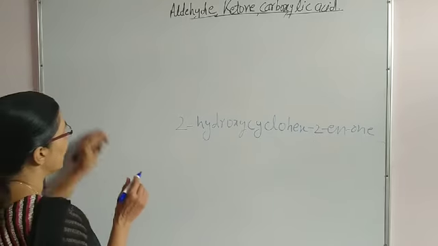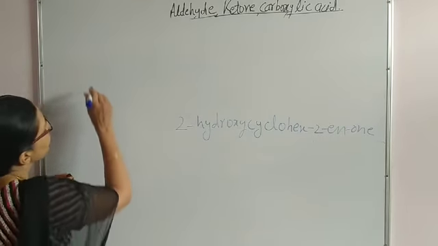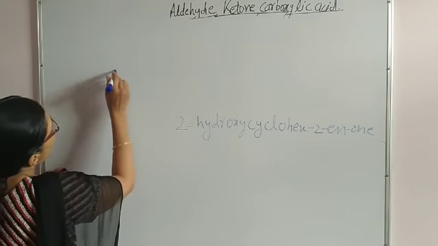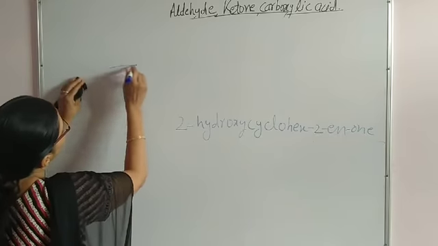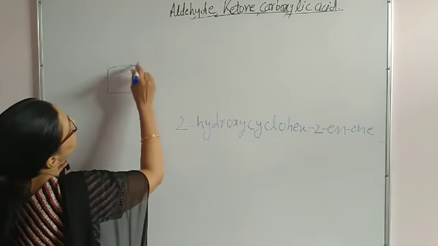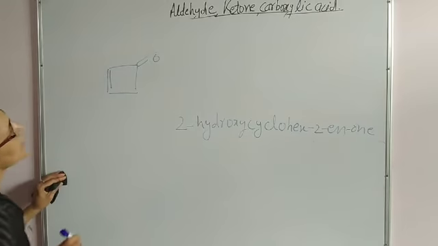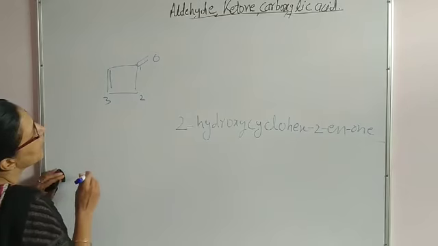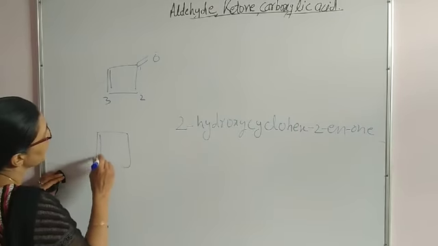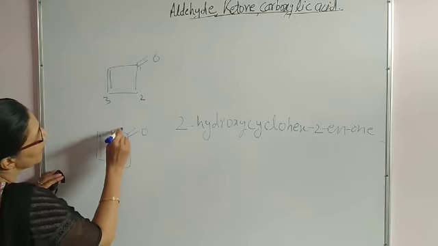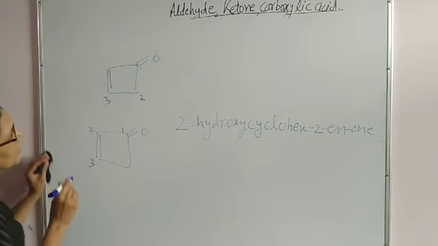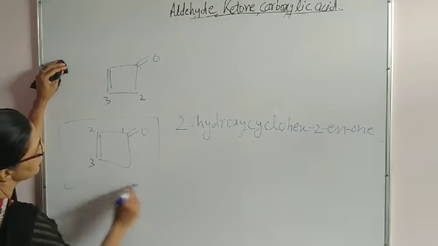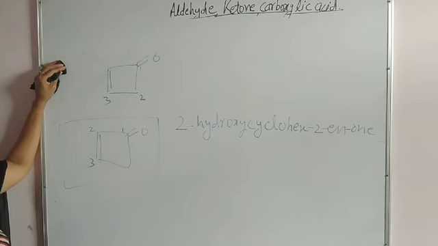Some more practice regarding IUPAC naming. Now, there are two options, 1, 2, 3. The next option is 1, 2, 3. What to do? Double bond starts from number 2. We will go for this. You cannot take this.